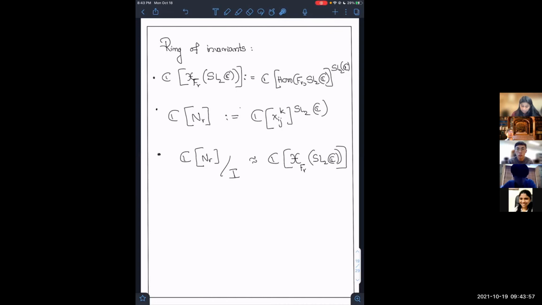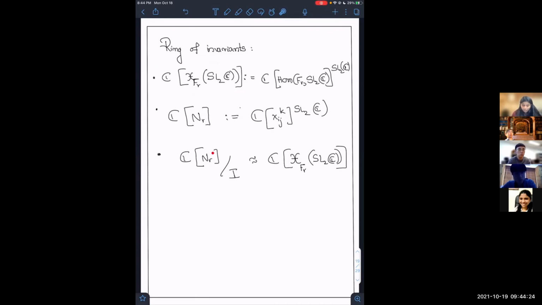We look at the polynomial ring with the variables x_ij and the invariants in it, and if we quotient that by the ideal I, we get the ring of invariants for the character variety.